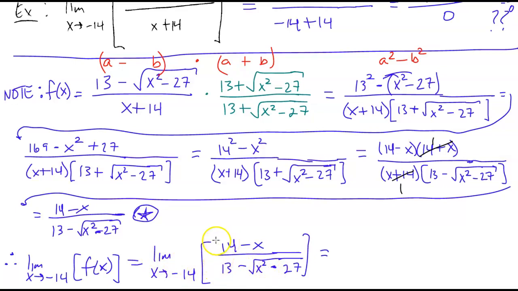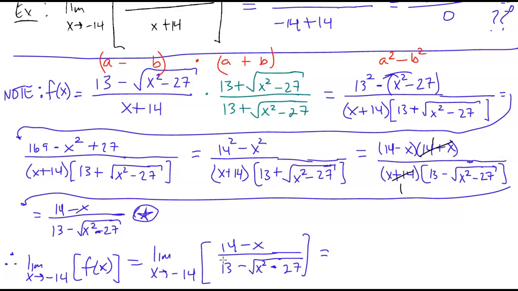In each numerator and denominator, we can take the limit of each of those terms separately, where for the term with the square root, we would slide the limit operator under the radical and then just take the limit of x squared minus 27. I'm saying all that to say that our limit laws allow us to do this, but at this point we can essentially just plug in negative 14 into this function.